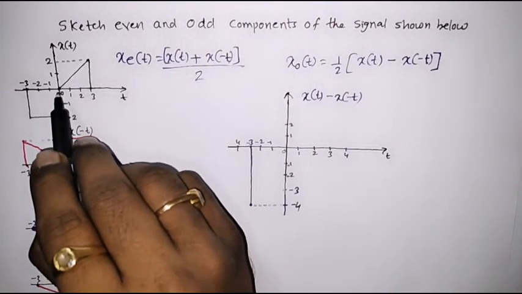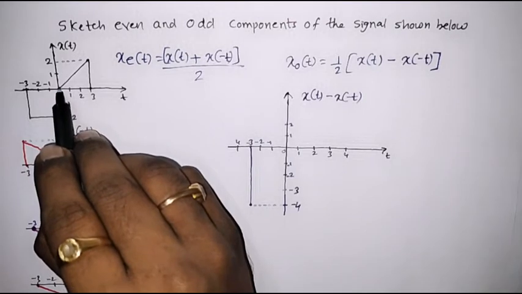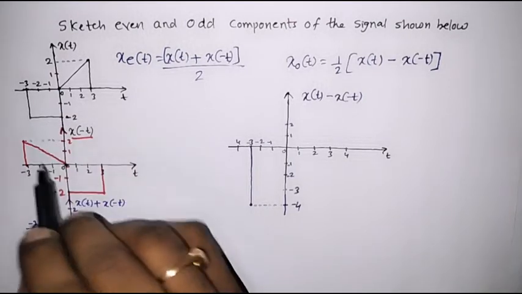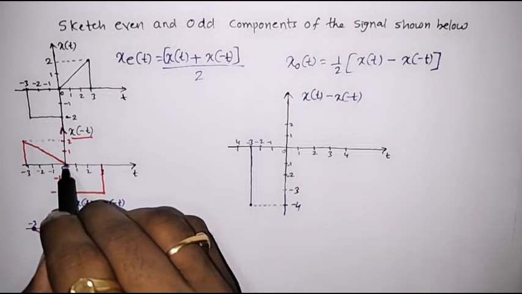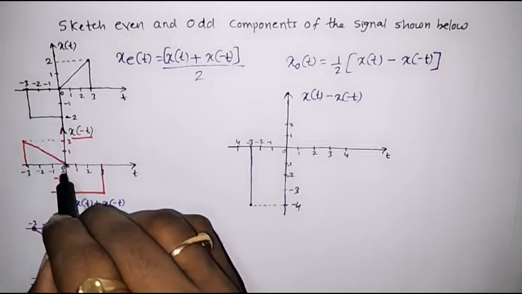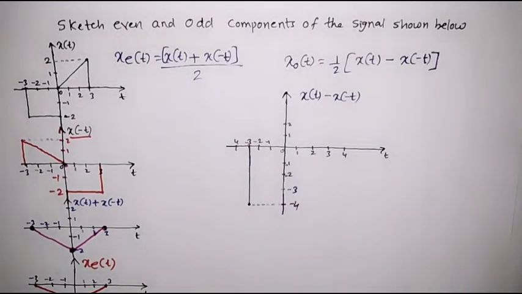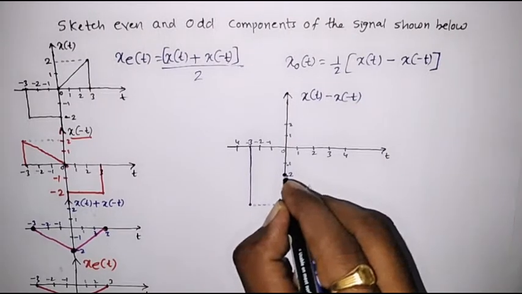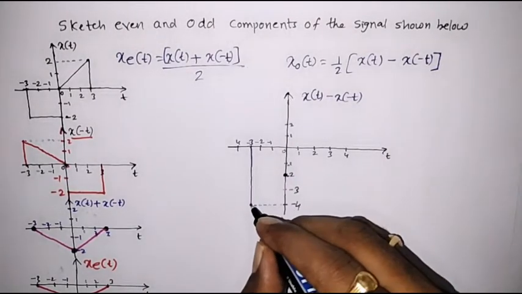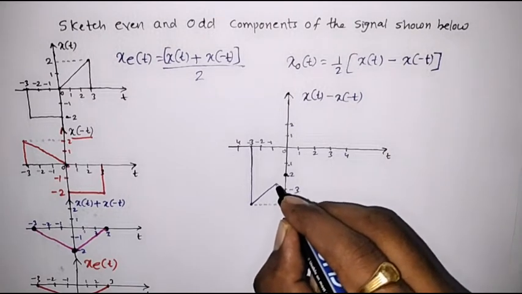Now here we can observe at t equal to 0 the amplitude of x of t is -2, and here at t equal to 0 the amplitude of this signal is 0, that is -2 minus 0, that is -2. So at t equal to 0 the amplitude of the signal is -2, that is this point. So now we are supposed to add these 2 points. From here to here I will join it.